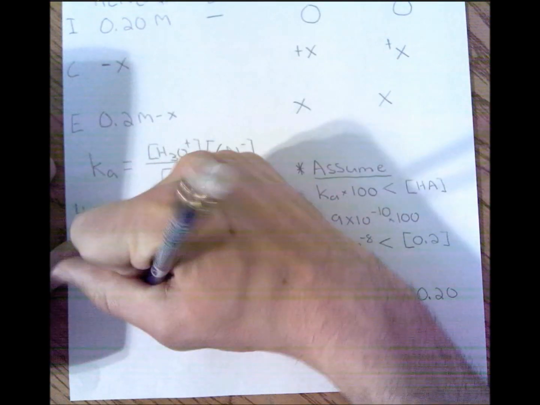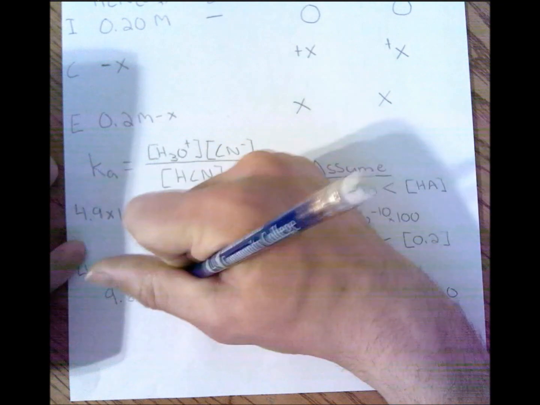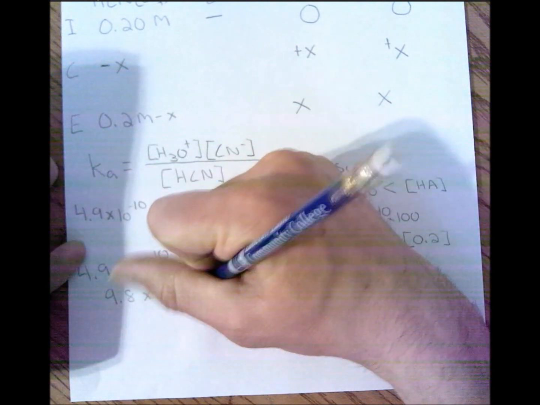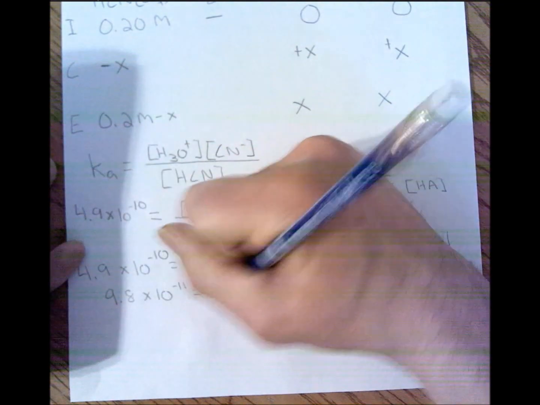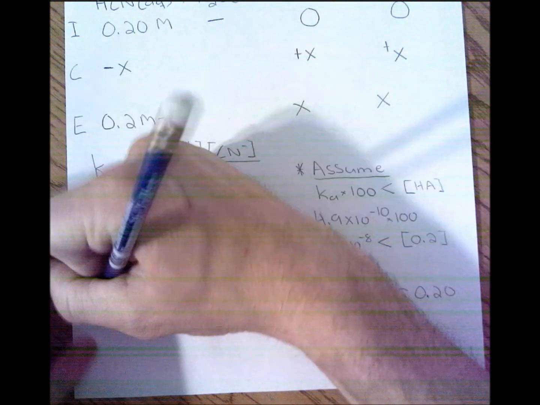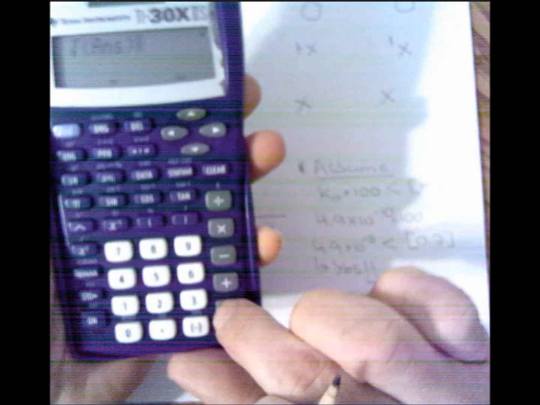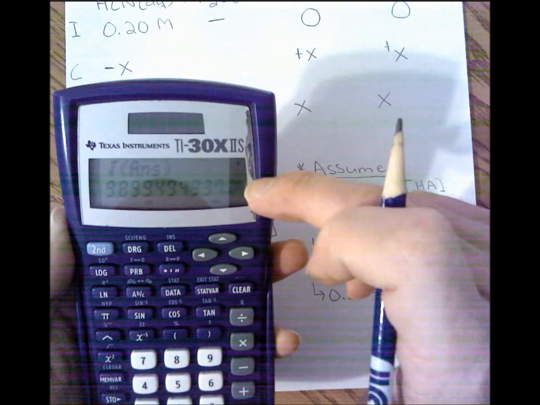And I get a value of x to be, I'm going to round it, 9.9 times 10 to the negative 6. So x equals 9.9 times 10 to the negative 6.